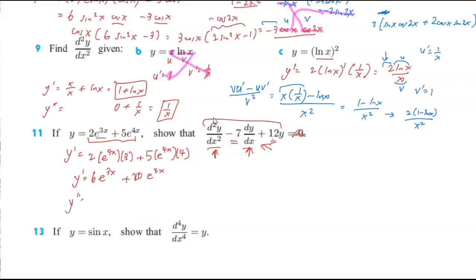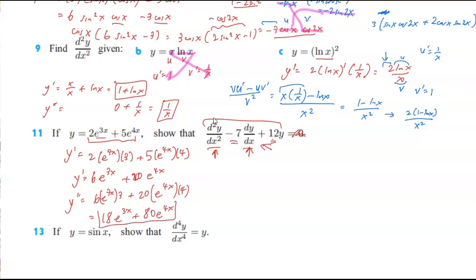The second derivative would be 6e to the 3x times 3 plus 20e to the 4x times 4. And then if we simplified, it would be 18e to the 3x plus 80e to the 4x.